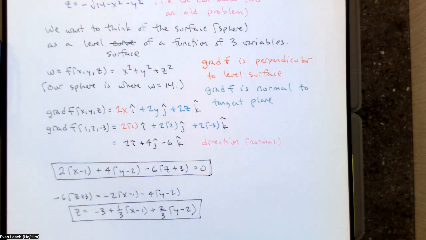Now, if we wanted to verify this, we would just go back to our proposed function, z equals negative square root, take two partial derivatives, and then plug in the point, and check that dz dx evaluated at 1, 2 is 1/3.